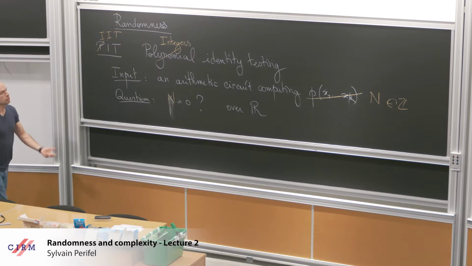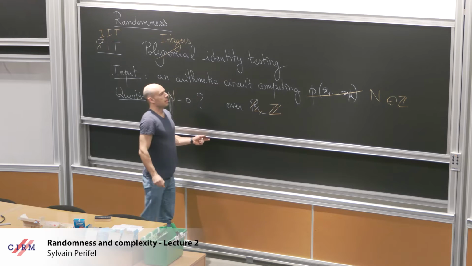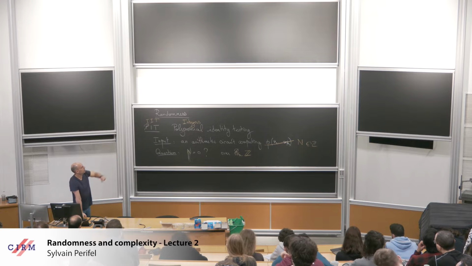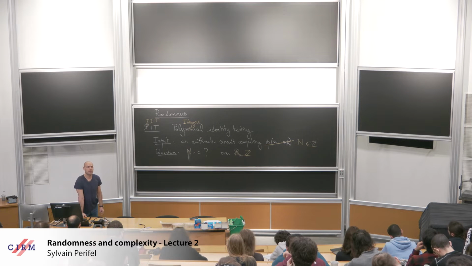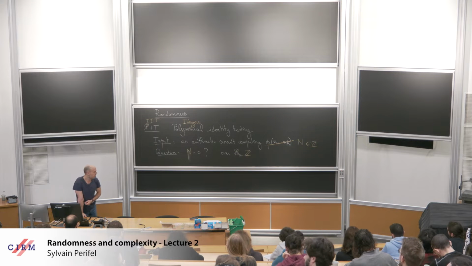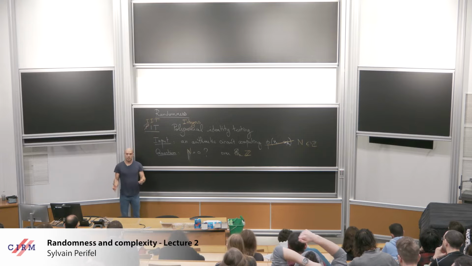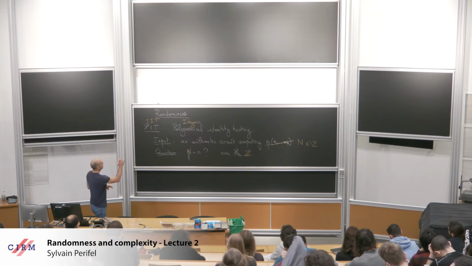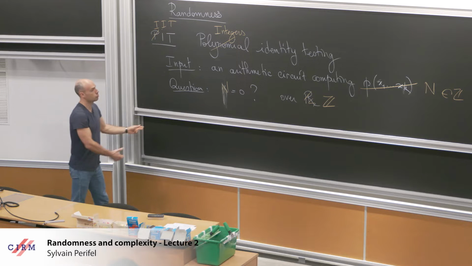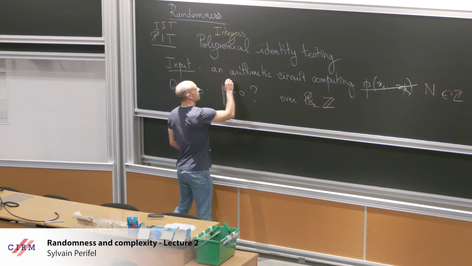So now we are just over the relative numbers, over Z. Why do I take the liberty to replace polynomials by integers? Because the problem IIT is equivalent to PIT for the notion of equivalence we've seen on Monday. Namely, PIT reduces to IIT. So this is the same complexity. That's why I will talk about integers, because it's easier to explain.